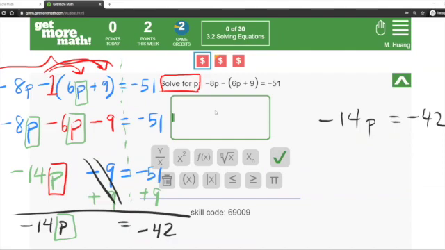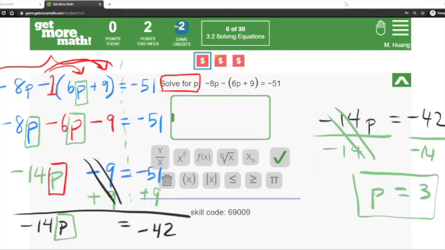You are dividing -14 on both sides. So this cancels out. We have p equals to negative and negative becomes a positive, so p equals to 3.